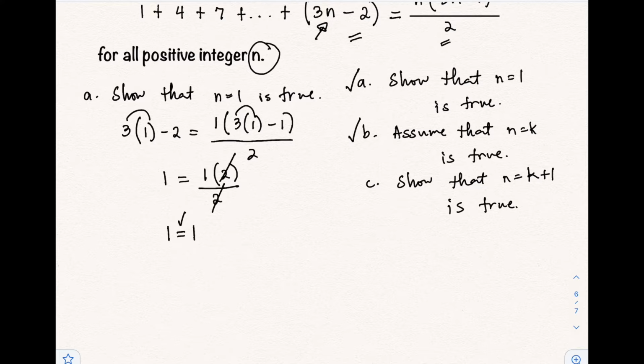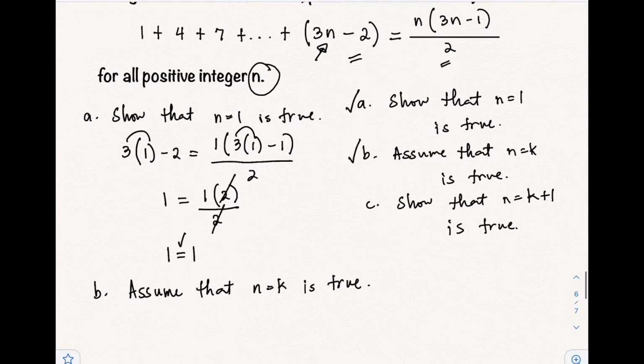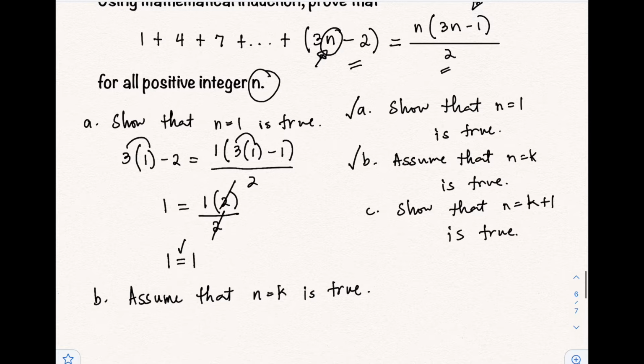Okay? So ang second step natin, we will assume that n equals k is true. Okay, so in this step guys, yung n natin dito sa ating statement, gagawin lang natin k. Okay, so try natin.